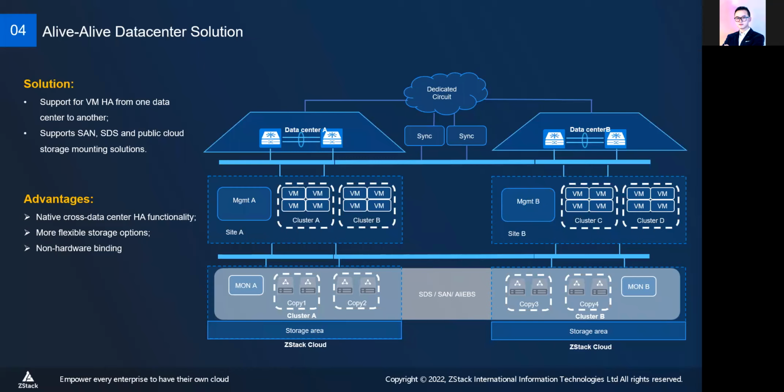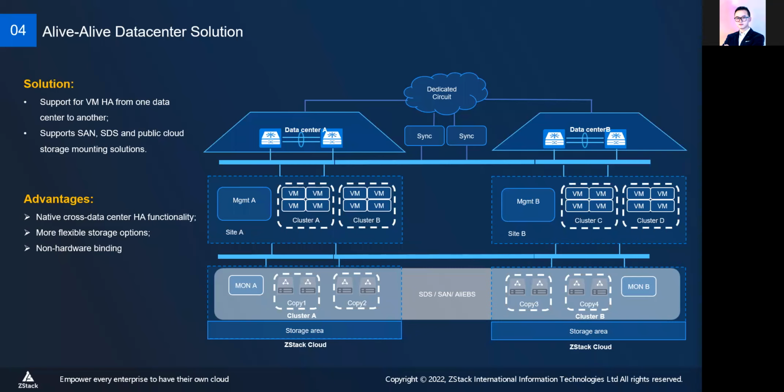It must be a dedicated fiber line, and have shared storage across the two data centers. It can be SDS or SAN, which means the SAN must have replication features. We all know Huawei OceanStor has SAN replication across the two data centers, and you can also mount Ali public cloud storage across the two data centers.